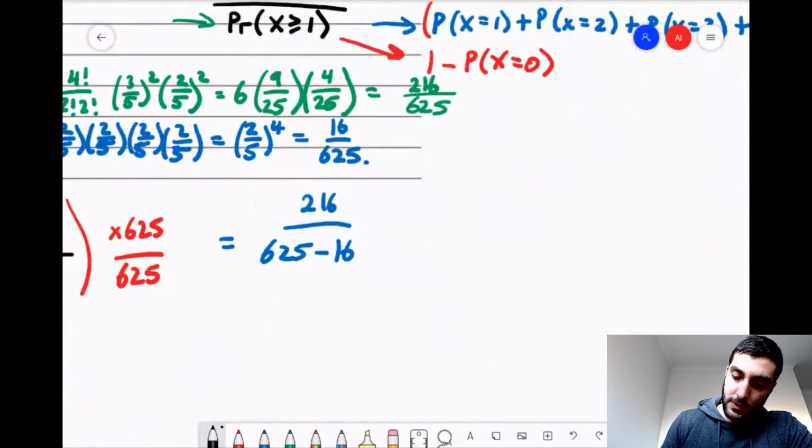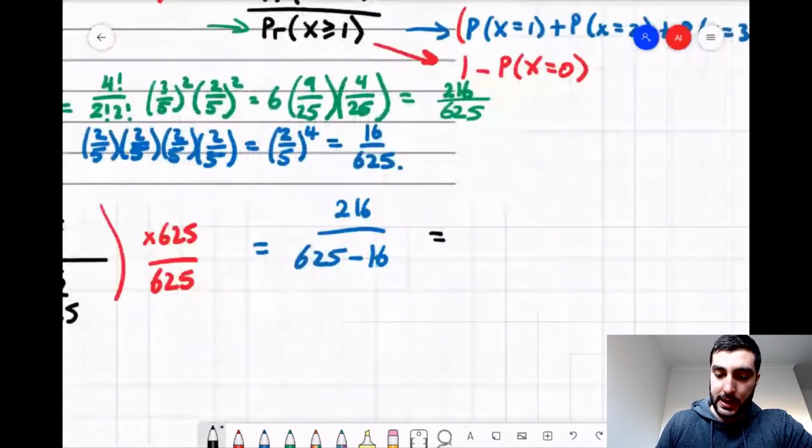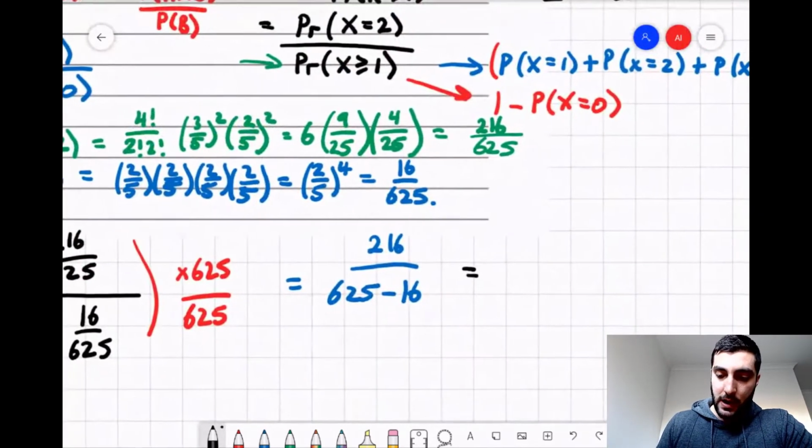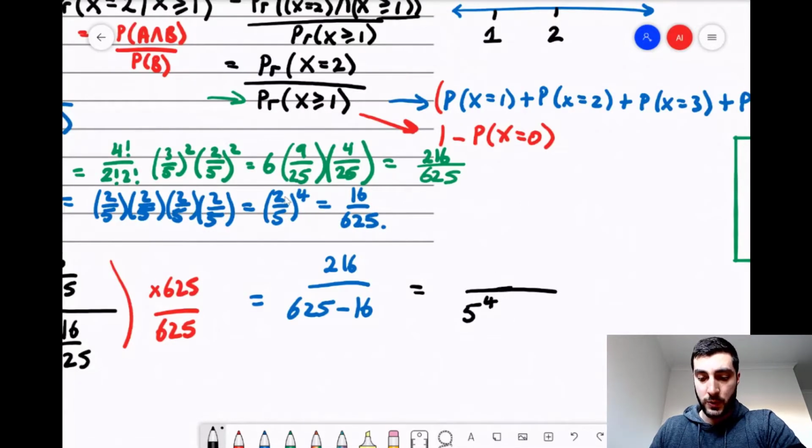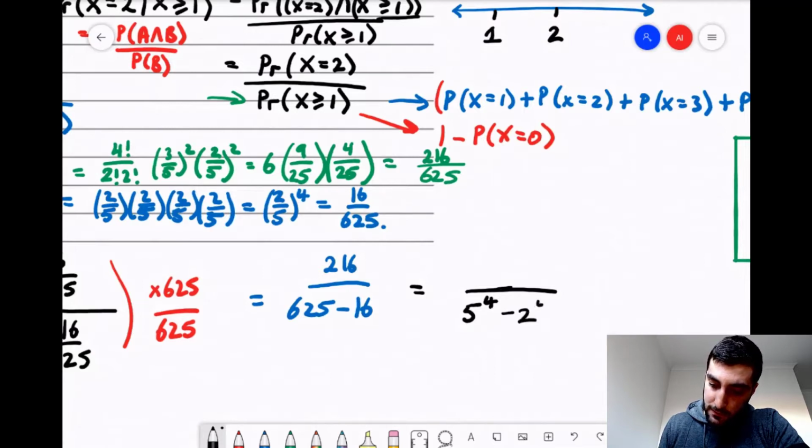So hopefully you guys can see here, we've been doing 5 to the power of 4 quite a few times. So we know that this here is going to be 5 to the power of 4. We also know that 2 to the power of 4 gives us 16, so therefore this 16 should be minus 2 to the power of 4.